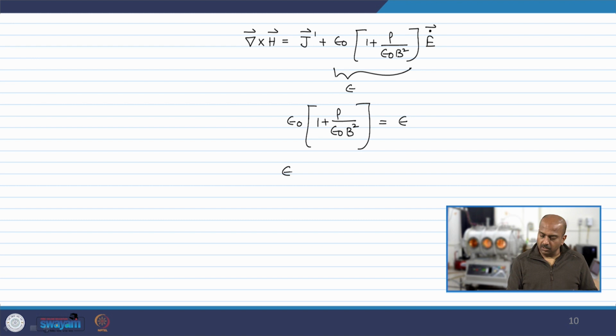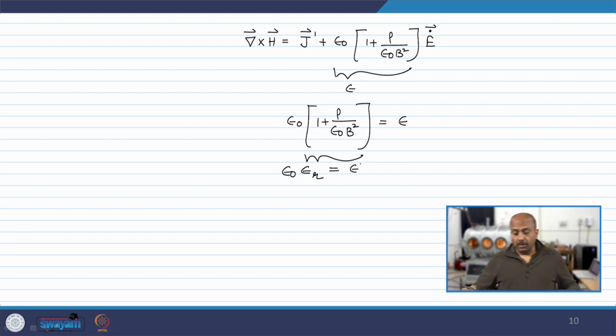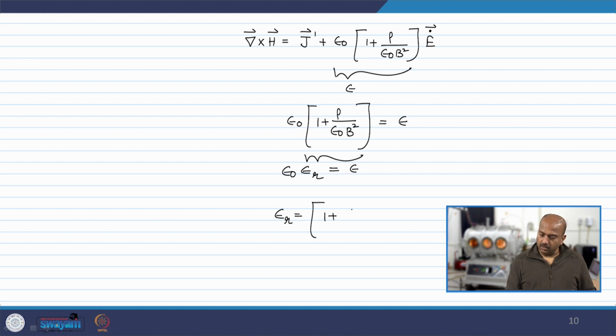What does it mean? It means that we define the relative permittivity epsilon r as the ratio of epsilon to the permittivity of free space, epsilon naught. So, we will write the relative permittivity as 1 plus rho by epsilon naught B square.